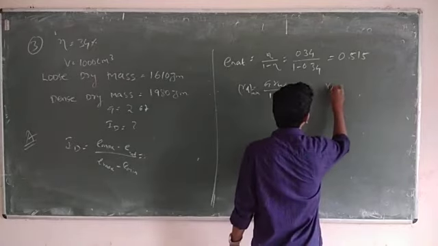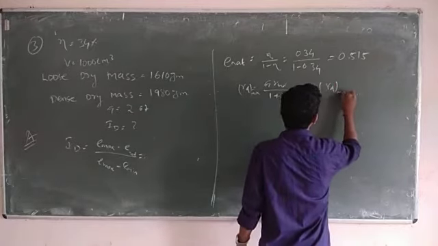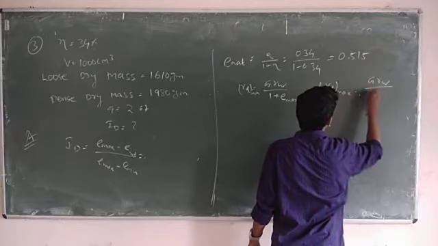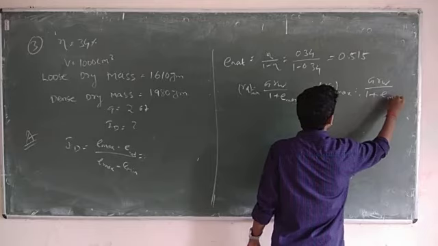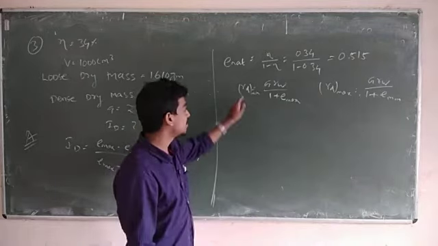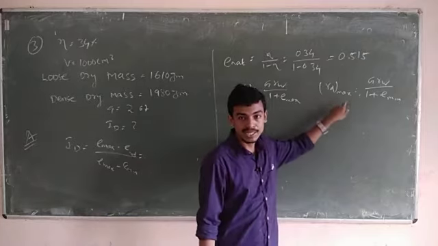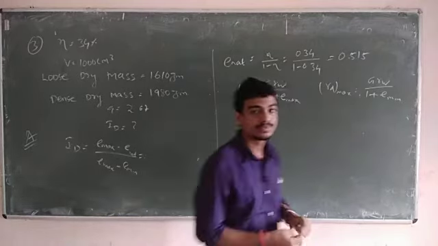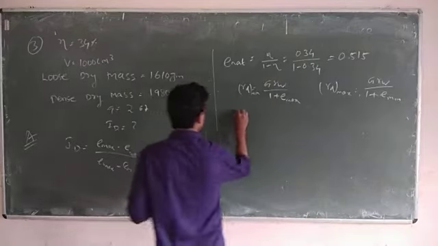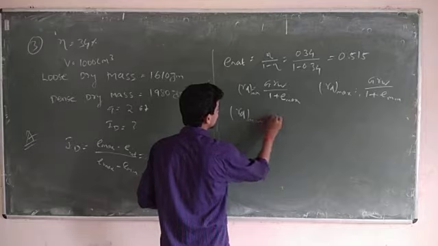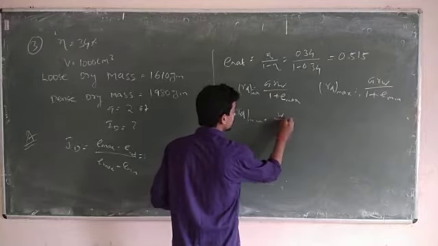So if I write gamma D max here, then the formula will be G gamma W by 1 plus E min, just the opposite. So if I calculate gamma D minimum and gamma D maximum, then you can find out E maximum and E minimum. So now I will calculate gamma D minimum by using our standard formula, that is weight by volume.